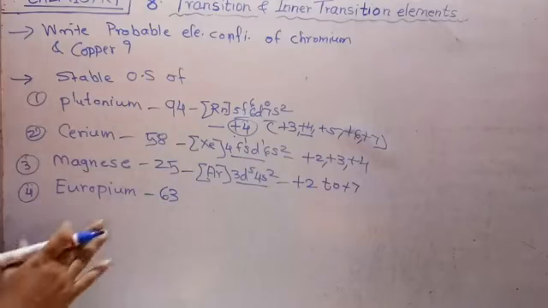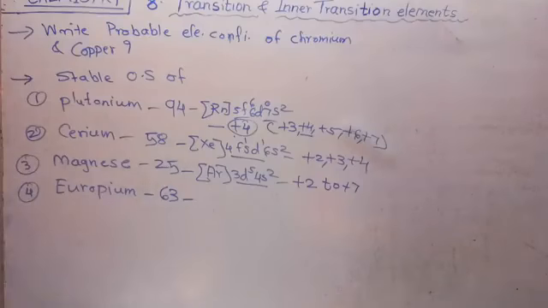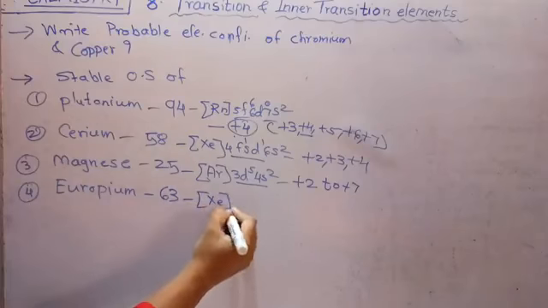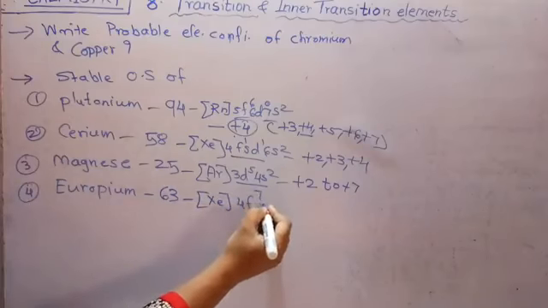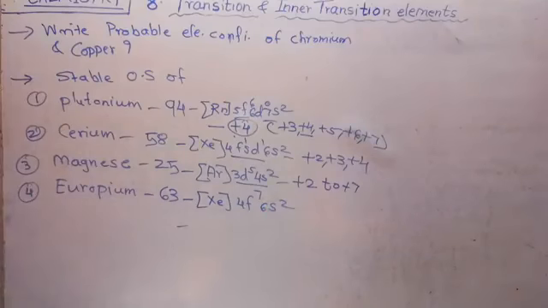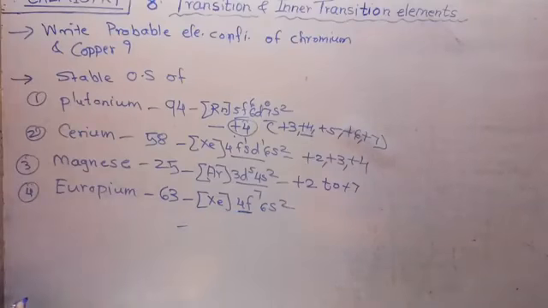Then europium. That europium is atomic number 63. You write first electronic configuration xenon core 4f7 6s2. Well, see here, that europium has the half filled 4f orbital, right?